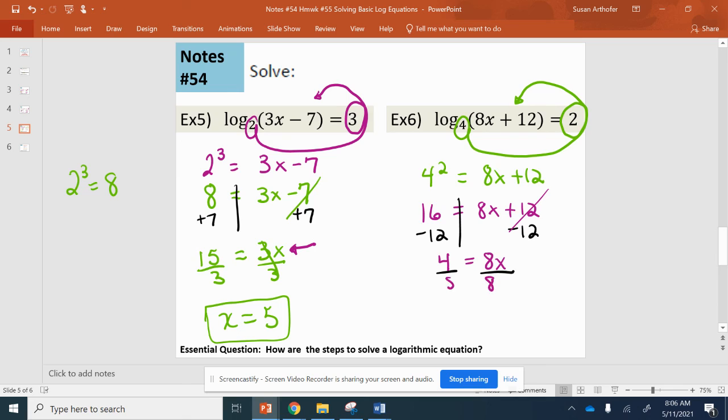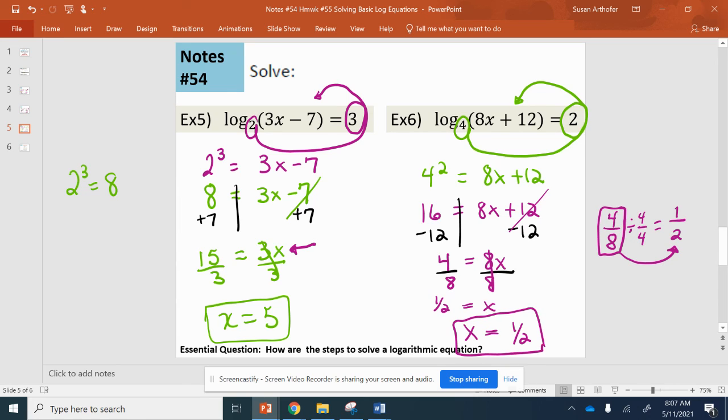If you divide by 8, 4 over 8 is a fraction. It can be divided tops and bottoms by 4. 4 divided by 4 is 1. 8 divided by 4 is 2. 4/8 reduced is 1/2, not 2. Be careful on that, okay? That's a fraction. All right.